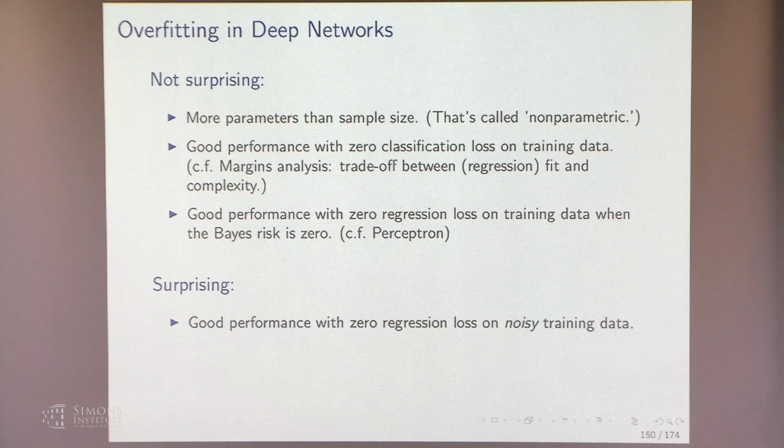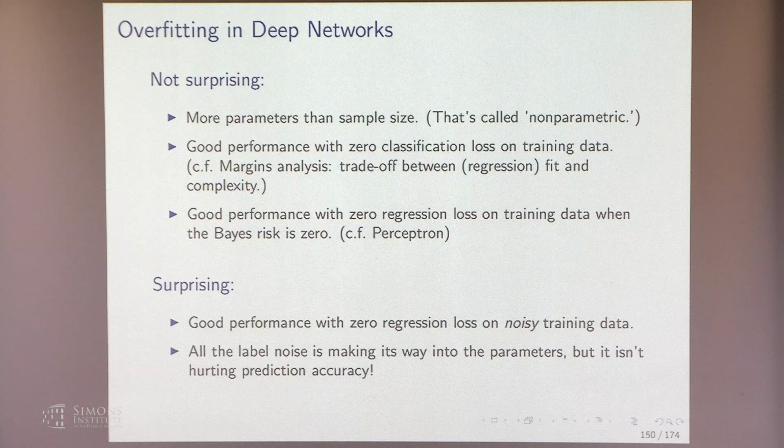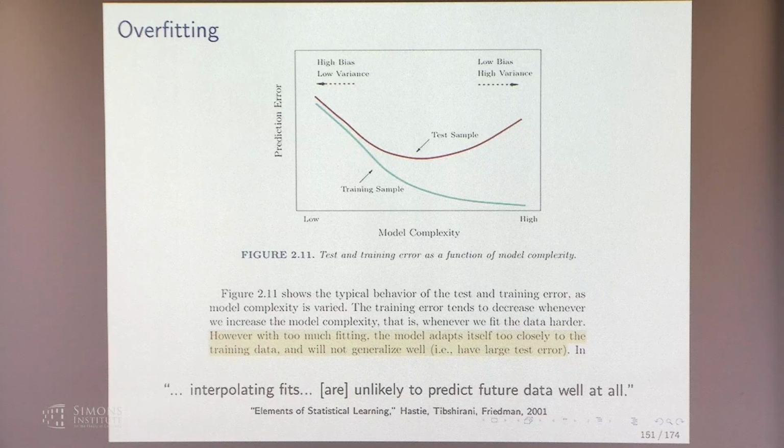So the thing that is really surprising in all this is we're getting good performance with 0 regression loss when there's noisy training data. So you're taking all the noise in those labels, pushing it into the parameters, and hoping it doesn't hurt. And turns out it doesn't hurt the prediction accuracy. So I think that's something really striking. It's, to my mind, this is a new phenomenon that has emerged from deep learning.